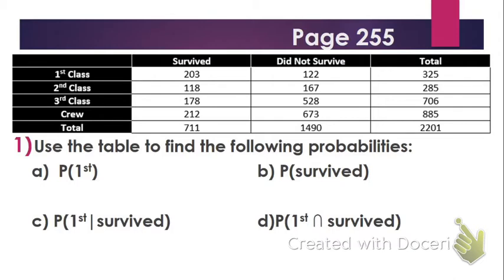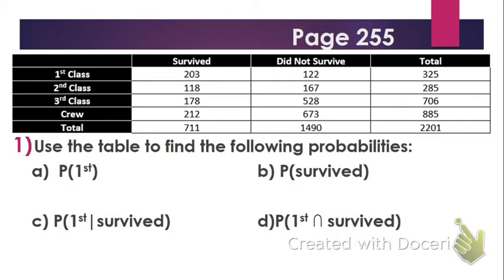Poor. Who do you think made it to the lifeboats first? First class. Probably the captain. Captain went down with the boat. So I want to find these different probabilities, and then we're going to look at which group had the greatest probability of survival based on the numbers, not based on our impression.